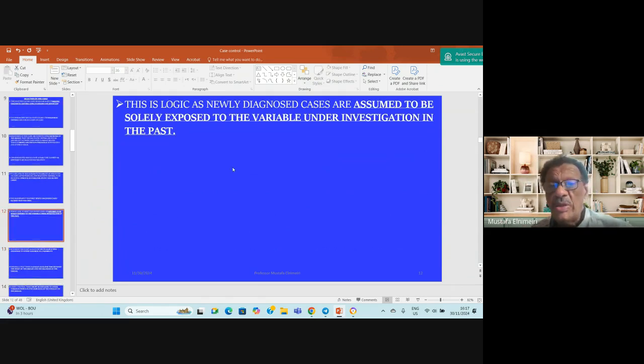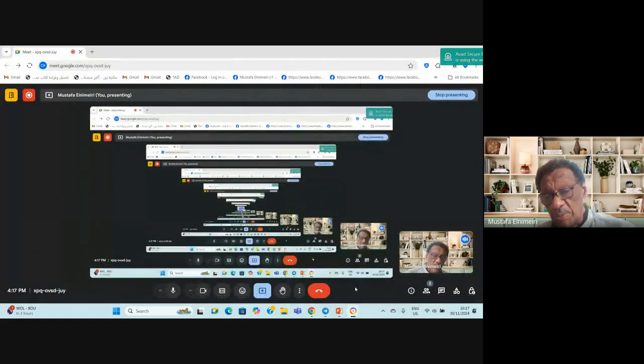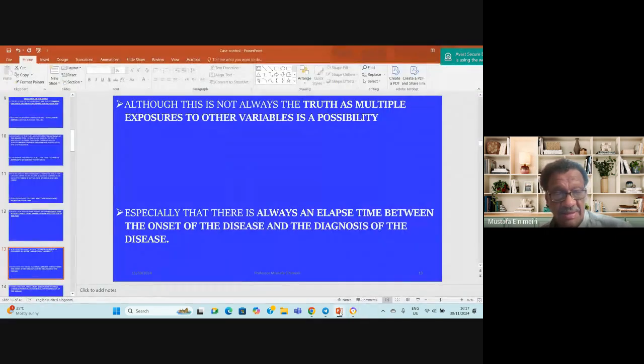This is logical, as newly diagnosed cases are assumed to have been exposed to the variable under investigation in the past. Although this is not always true, as multiple exposure to other variables is a possibility, especially since there is always an elapsed time between the onset of the disease and the diagnosis of the disease. Here, there might be exposure to other variables that may intervene in some way in the association between the exposure and the disease.